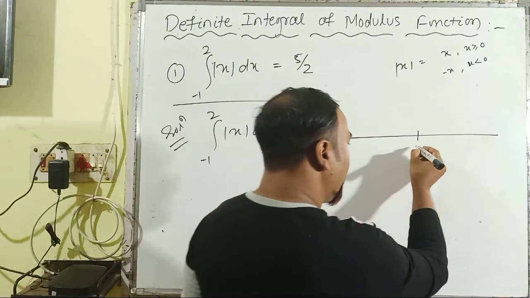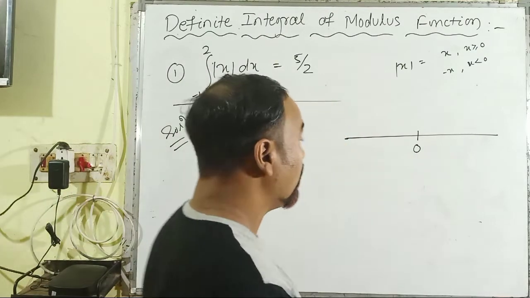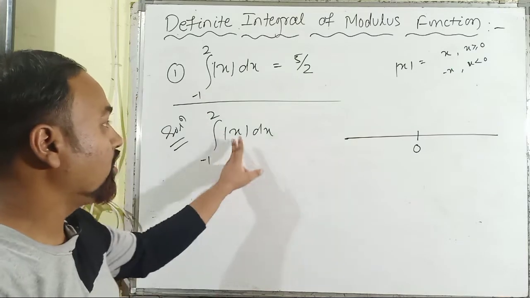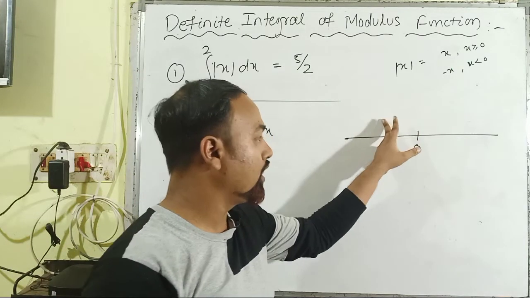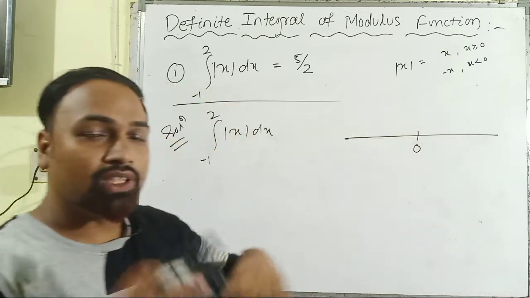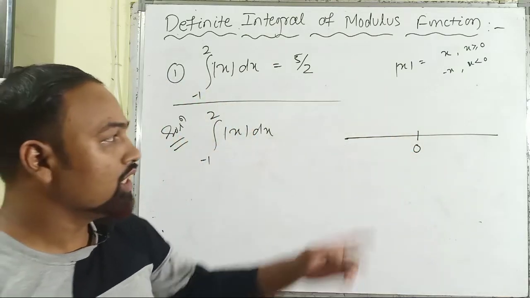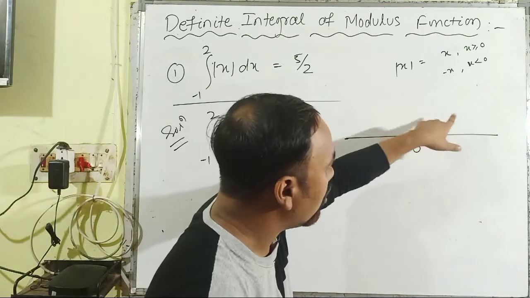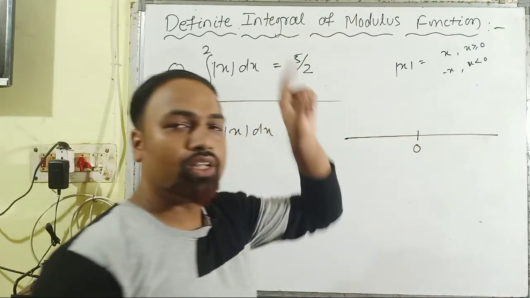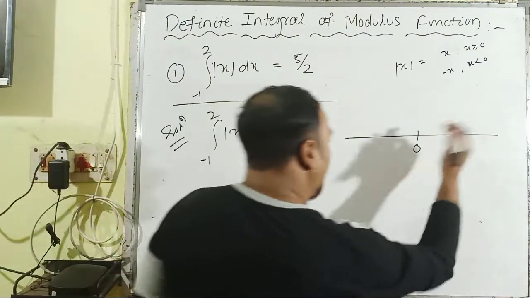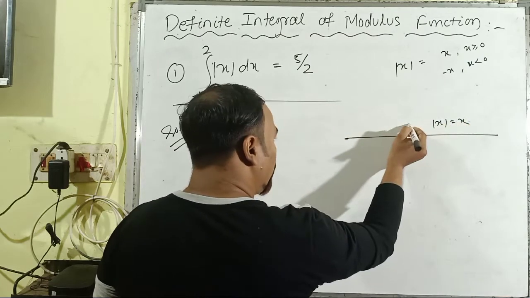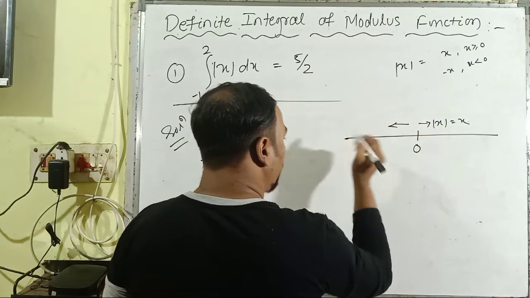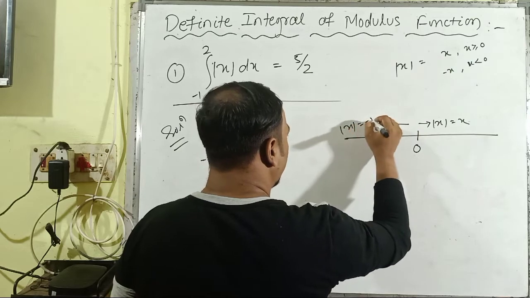That means the point 0 is where the behavior of the function changes, moving from left to right or right to left. Right side of 0, modulus of x is x. Left of 0, modulus of x is minus x.